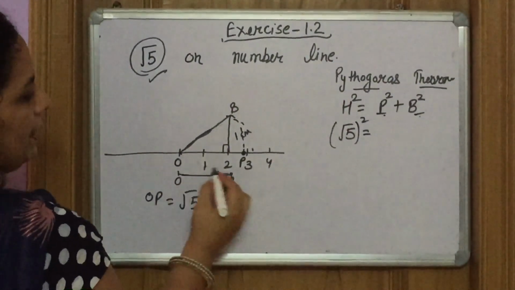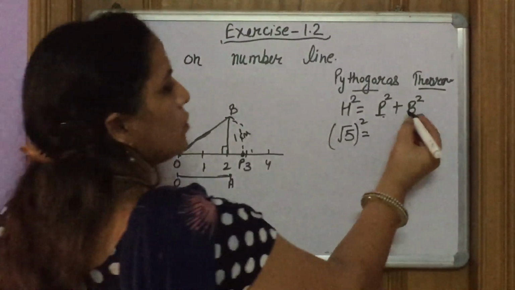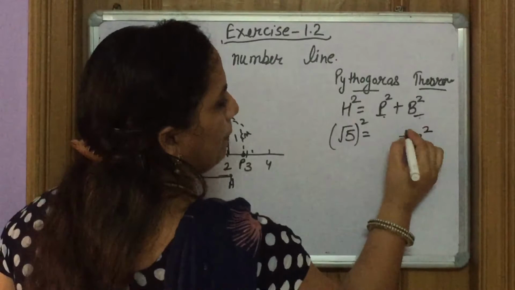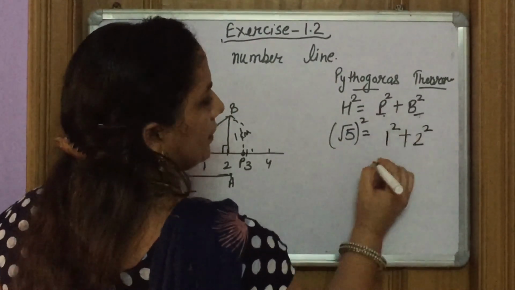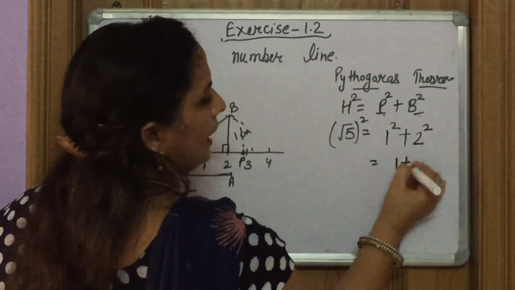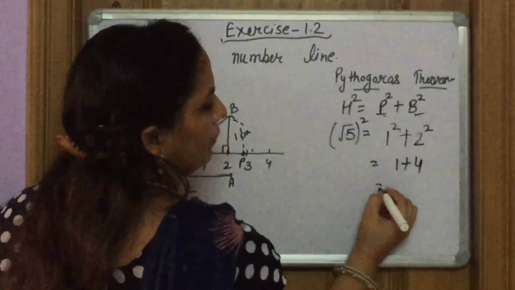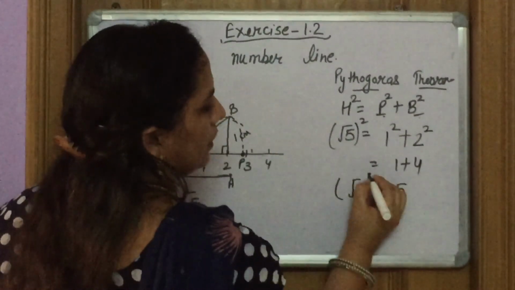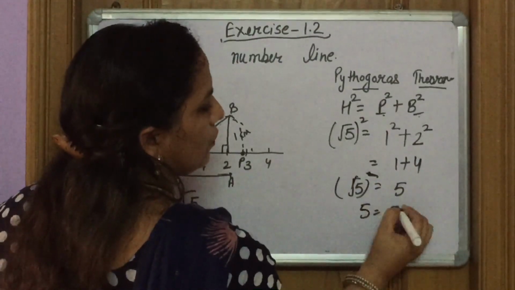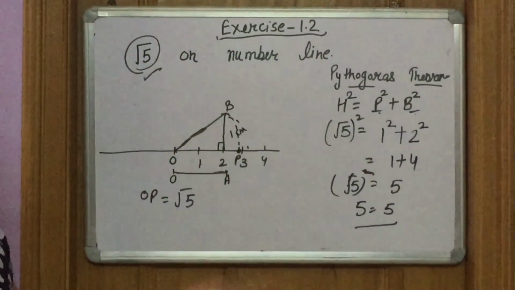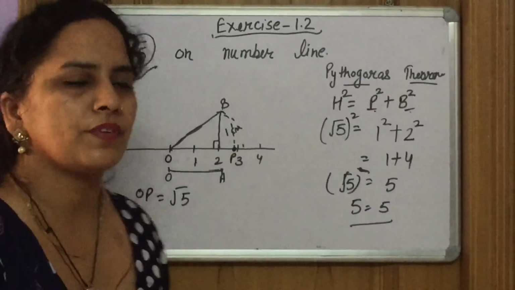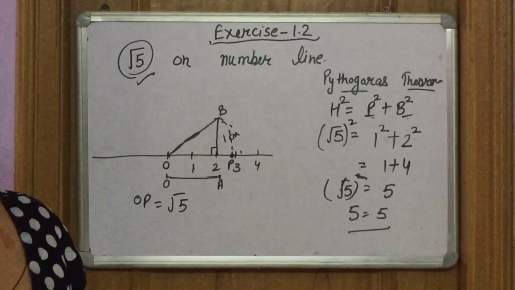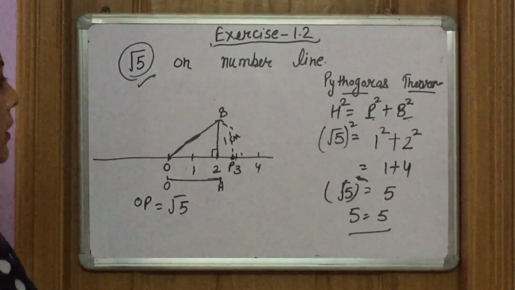Here we consider the base as 2 centimeter, so 2 squared plus perpendicular 1 squared. 1 squared is 1 and 2 squared is 4, which is equal to 5. So 5 is equal to 5. So the Pythagoras theorem is satisfied. So this is the method to show the square root of a number on a number line.